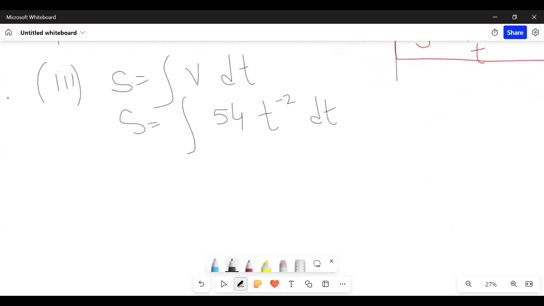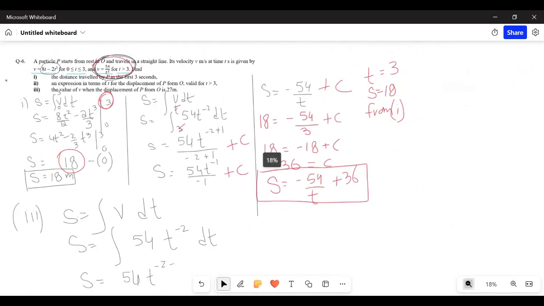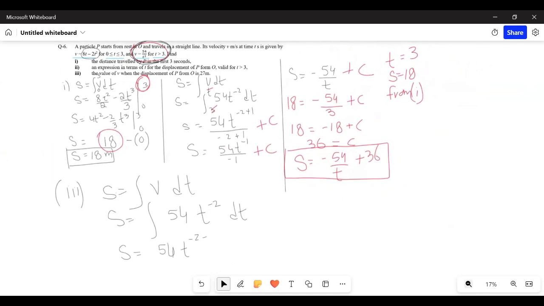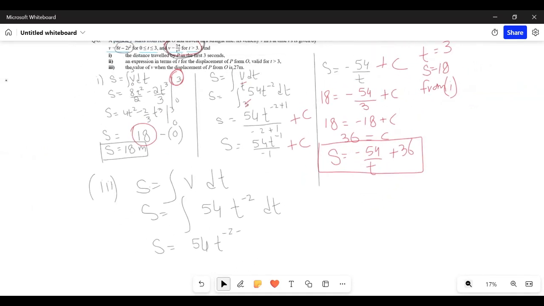So S is equals to 54 t minus 2 plus, I think we did that already. हाँ, ये भी किया है और हमारे पास आंसर आया है S का minus 54 over t plus 36. We're just going to use that. Why am I doing it all over again?